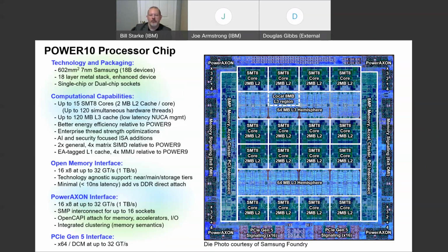If you have a Power 9 and you've got a latency to memory in your remote drawer, you're going to get about a 25% improvement on that latency going from Power 9 to Power 10 because of the topological chip layout as well as some protocol enhancements that we put in Power 10. So, do NUMA effects ever completely go away? No, but do they get better? Do they get worse? I'd say they're going to get a bit better going from Power 9 to Power 10.